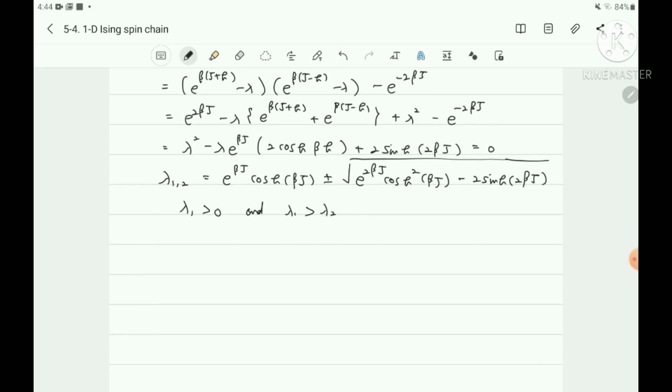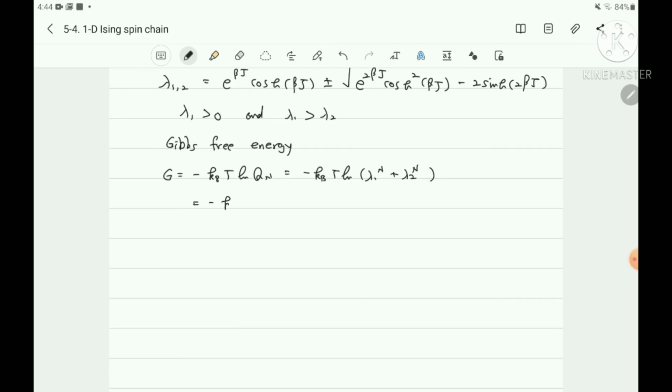In this case, the Gibbs free energy, or Helmholtz free energy, can be written with the same expression, minus kBT ln Q_n. It is minus kBT ln of lambda 1 to the n plus lambda 2 to the n.